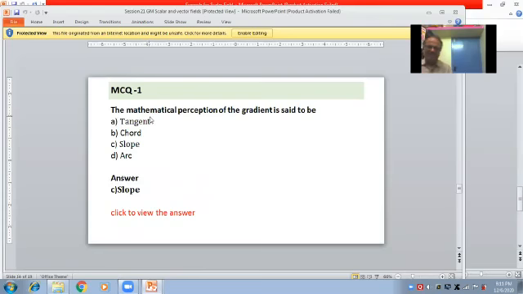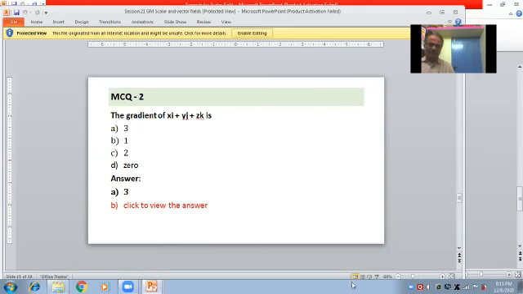So the mathematical perception of the gradient is said to be slope. It gives the rate of change of physical quantity in one direction. So the gradient of xi plus yj plus zk is 3. Why is it 3? Because you are differentiating this with respect to x, y, and z.